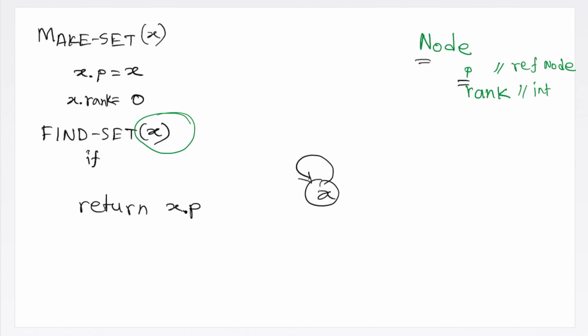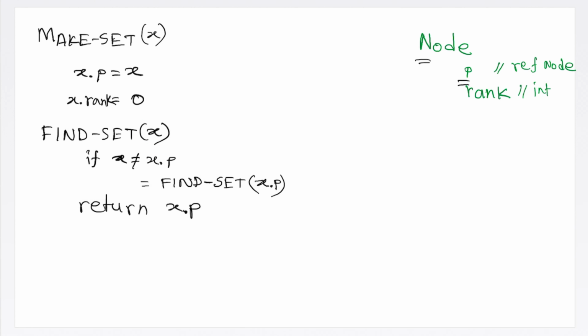However, if we find that x is not equal to x.p, in that case, we will have to make sure that we go to the root. So we write a recursive function which calls itself, which is findSet, and we send the parent of this given x, which is x.p. Now, one thing we should do is move upward.